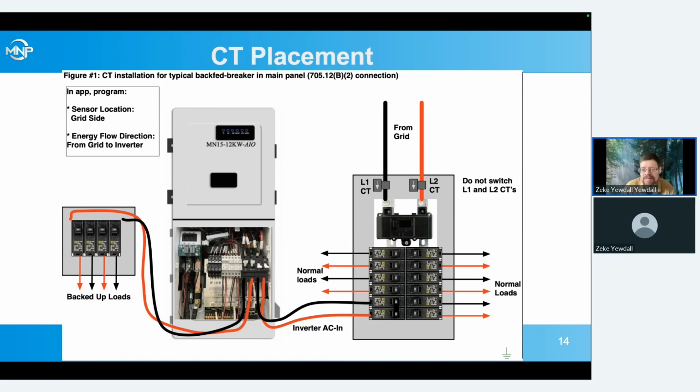So really remembering that both getting L1 and L2 absolutely correct and double checking that and making sure the arrows are facing the right direction will solve probably 80% of the problems we have with CTs, which is just not paying attention to the placement. They are a lot more picky than a lot of people assume they are. It's like, oh, clip them around a wire, it'll be fine. It's got to be the right wire in the right direction.